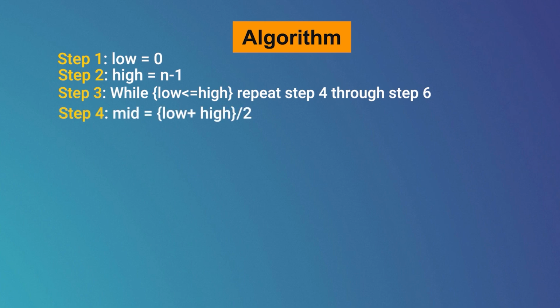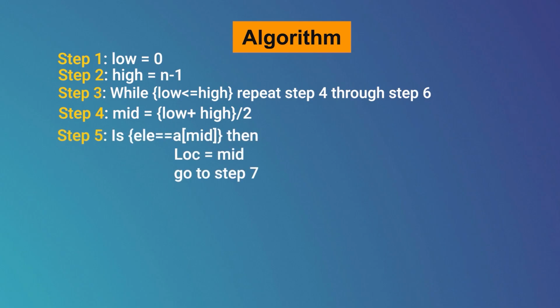Then in step number 4, I will compute the middle of the array. The middle of the array can be computed by using this expression: (low plus high) divided by 2. So whatever is your low value, whatever is your high value, both are added and then divided by 2 to compute the middle element. And then I will check whether the given element, this is my search element ELE, matches with the middle value of the array.